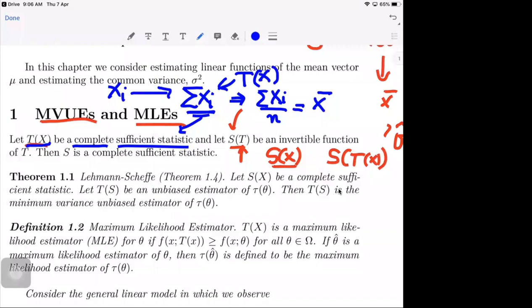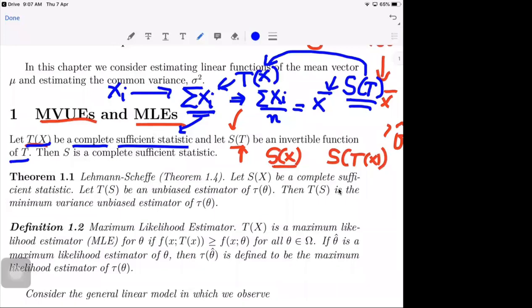Now, if you can find an S of T, meaning x bar now will be our S of T, or a new estimator derived by transforming T. So from summation of x of I, it becomes summation of x of I over n. That is your S of T. And if S of T is an invertible function of T, meaning you can always go back to T after using x bar.